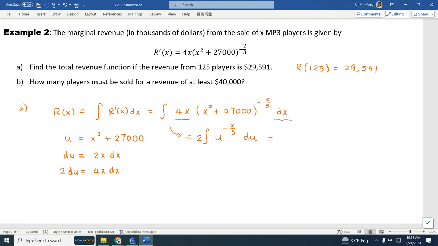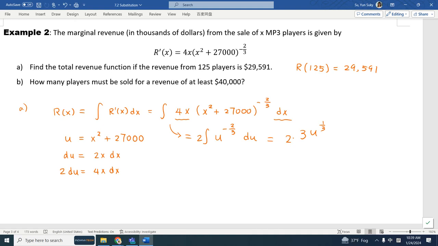Okay, so 2 says here, what's the power rule? You add 1 to the exponent, what do you get? Yes, 1/3. But when you divide by 1/3, it's the same as multiplying by the reciprocal, which is 3.